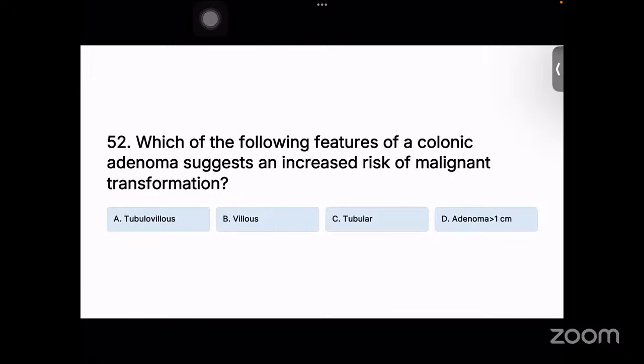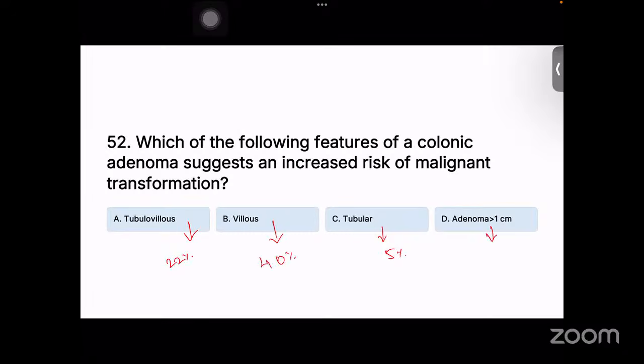Next, which of the following features of a colonic adenoma suggest increased risk of malignant transformation? Speaking about the risk factors, the tubular variety has about a 5% risk, and the villous adenoma has a 40% risk.